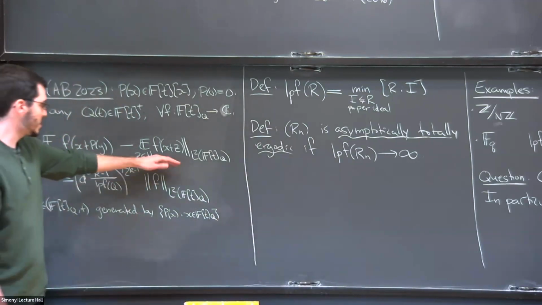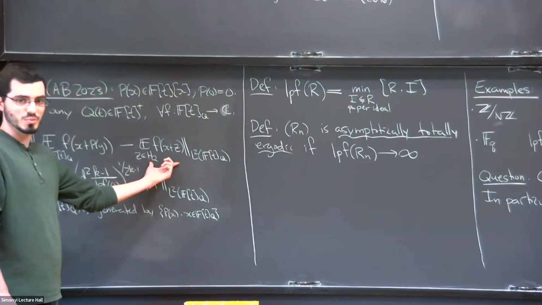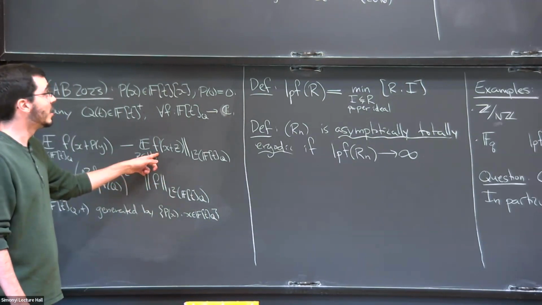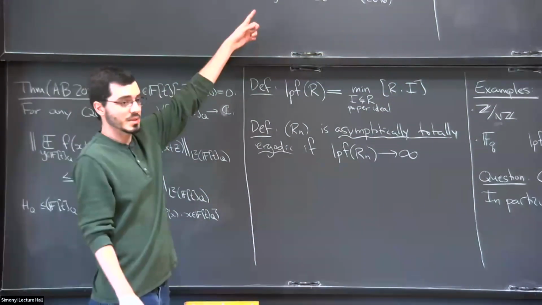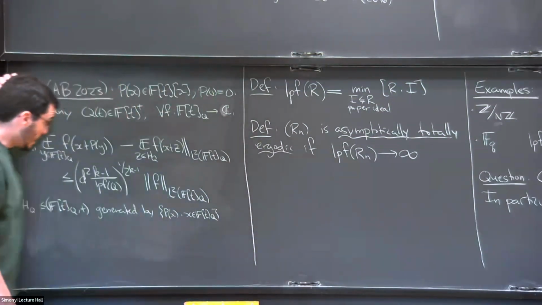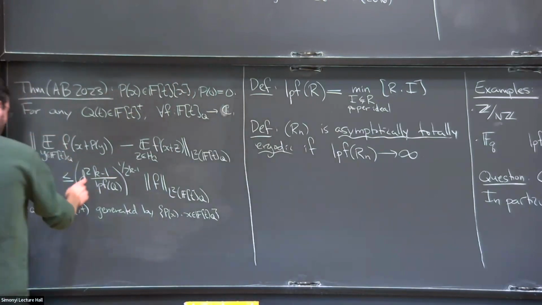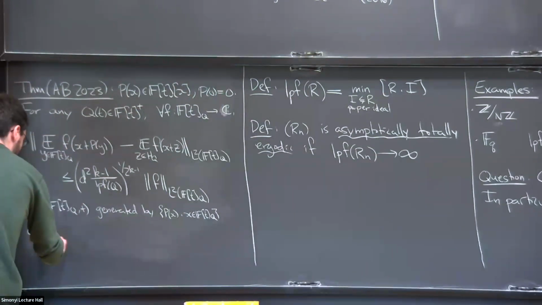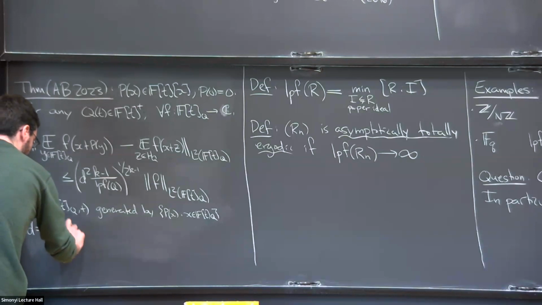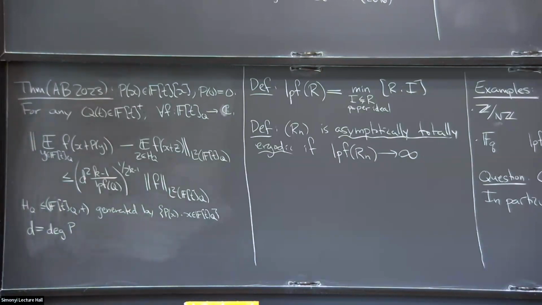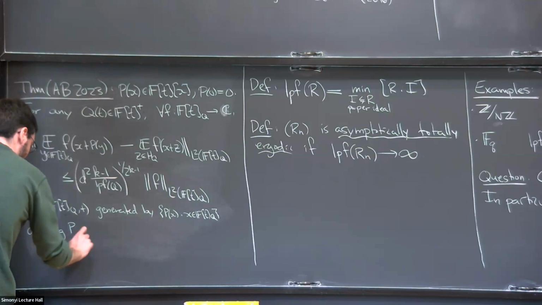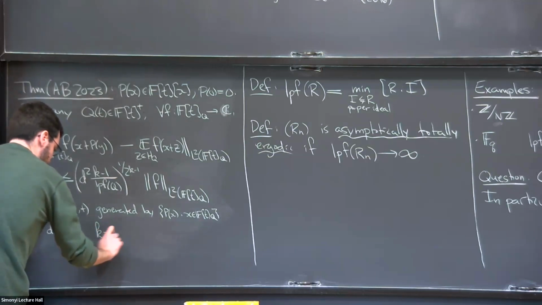And so this expression here is really the projection of the function f onto the corresponding space of invariant functions. And then these constants, so d is the degree of the polynomial, and this k that's appearing in the exponent and in the constant term is a related quantity.